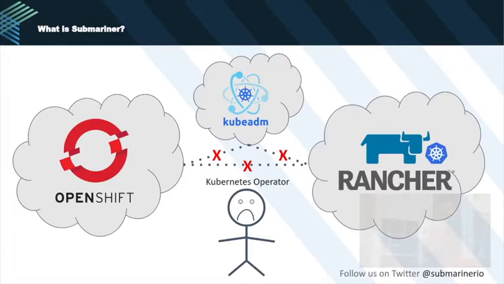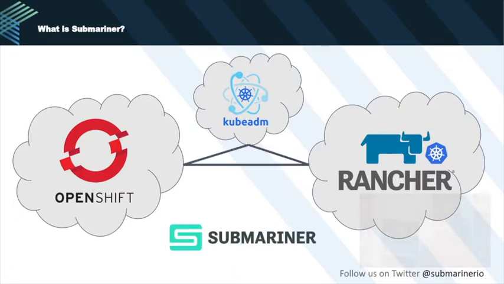He really wants to make that simple for all the users of those clusters. So with Submariner, he can handle that need and create a simple network between all the clusters that he's managing.